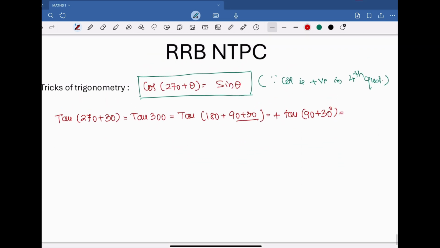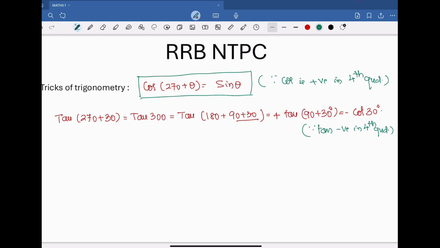Then this will be minus cot 30, because tan is negative in the fourth quadrant. Please remember these rules: all silver teacups.